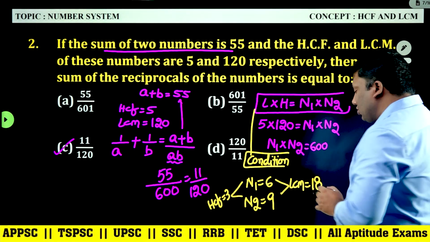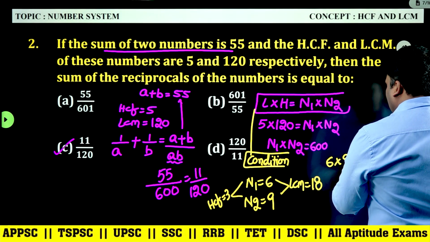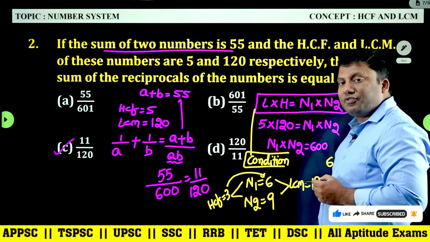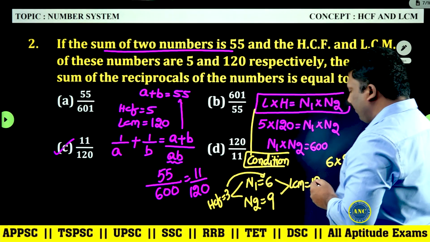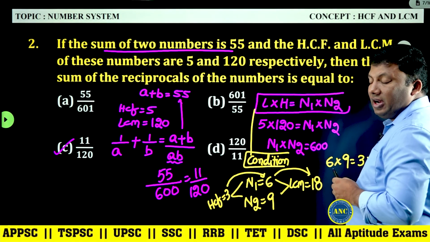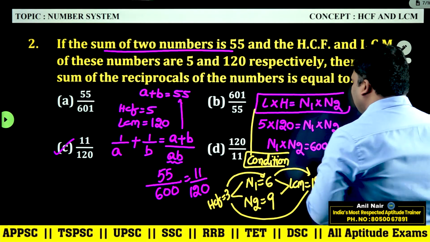So in our textbook they will write 6 into 9 equals 3 into 18. Perfectly right. See here, 3 is a factor of the number. HCF should always be a factor of the number, and the number is a factor of LCM. So HCF should be a factor of LCM.